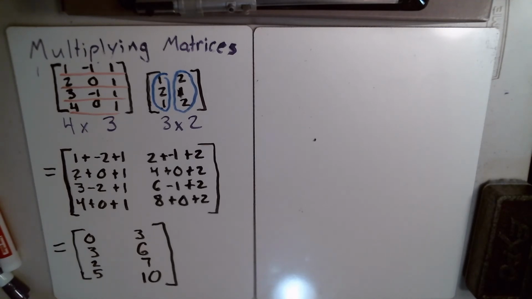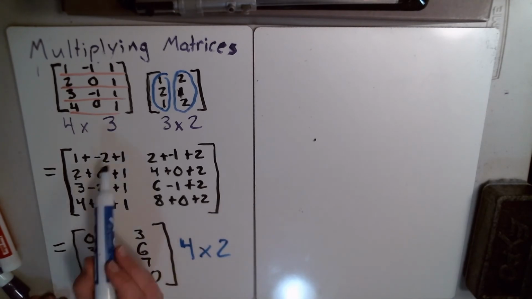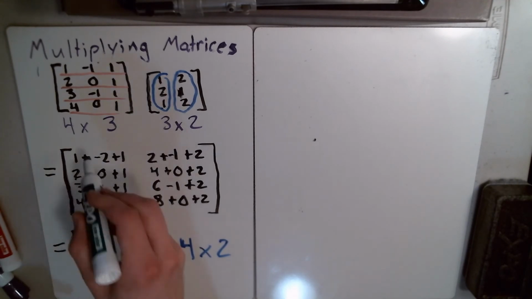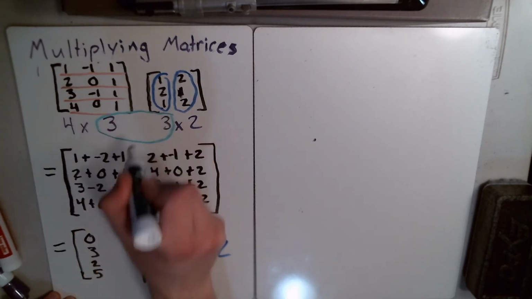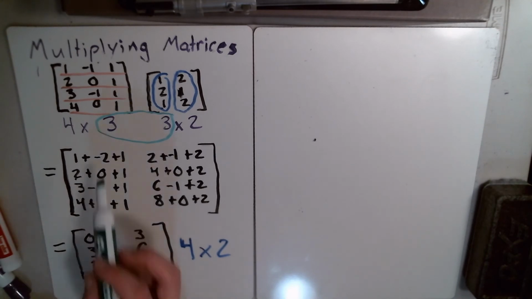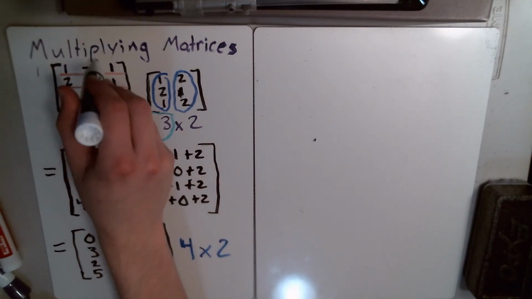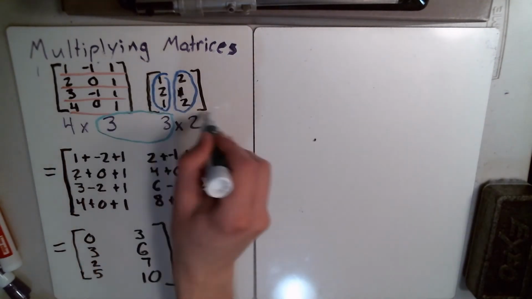You'll notice that when we multiplied these two matrices together, we ended up with 1, 2, 3, 4 rows, so 4 rows and 2 columns. In order to multiply the matrices, these two numbers needed to be the same: the number of columns of this one needed to be the same as the number of rows in this one.